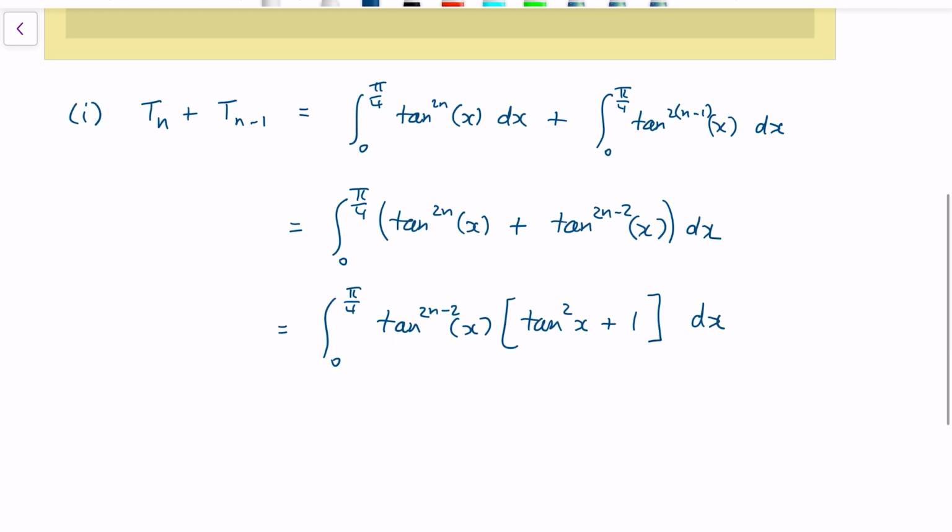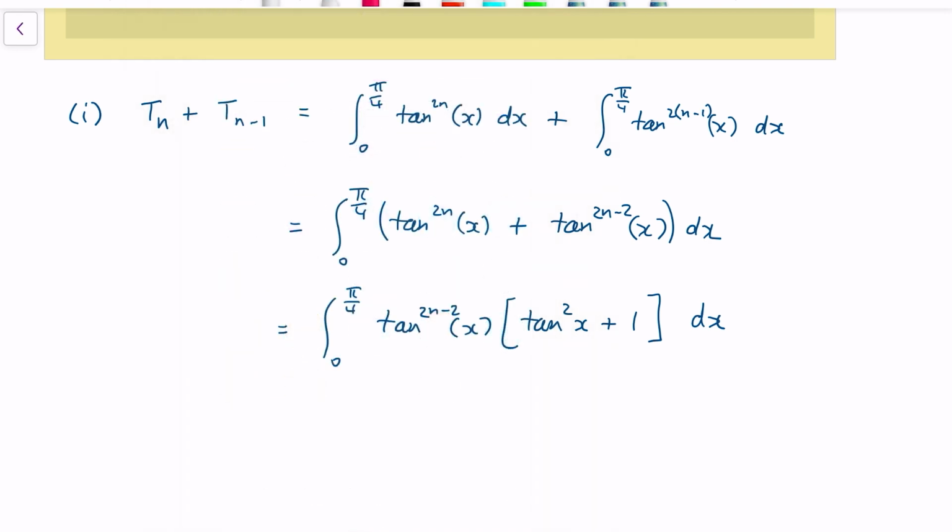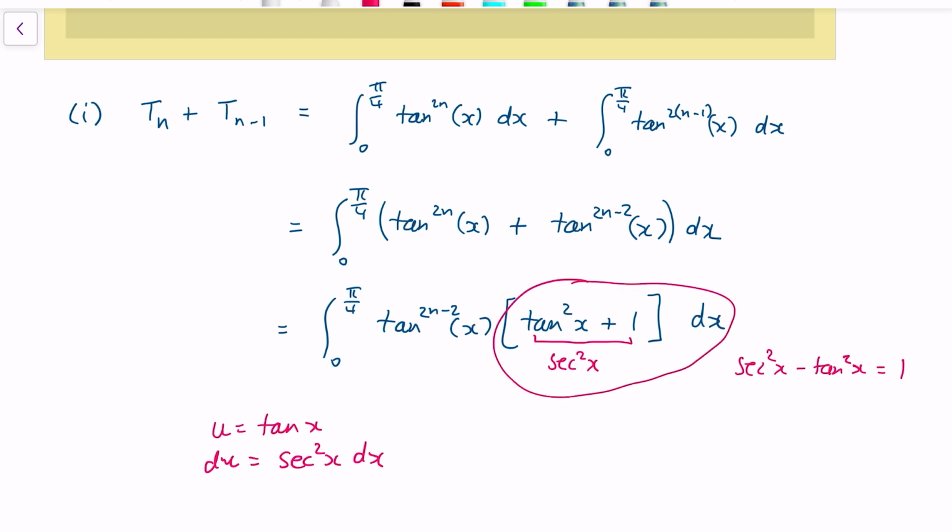So if I let u equal tan of x, then it doesn't look like the derivative, sec squared x, appears, unless you're familiar with the fact that this here actually equals sec squared x. On the formula sheet, it's sec squared minus tan squared equals 1. So this whole thing here is du.